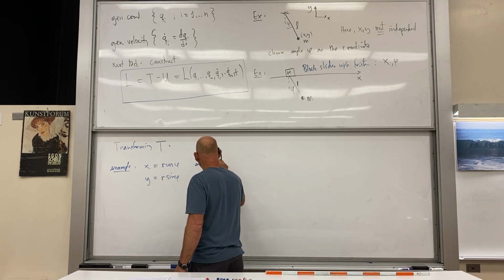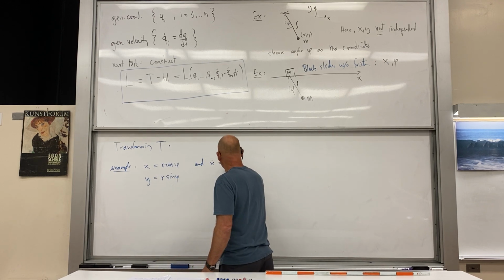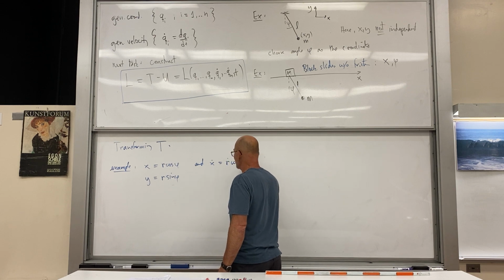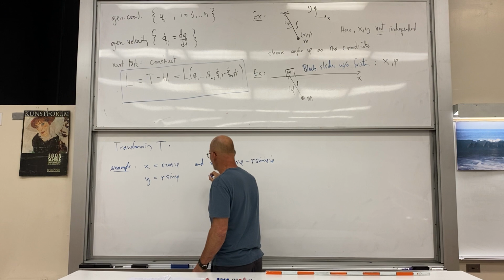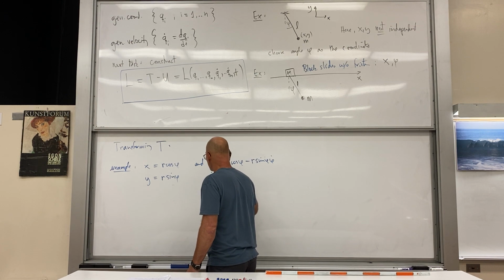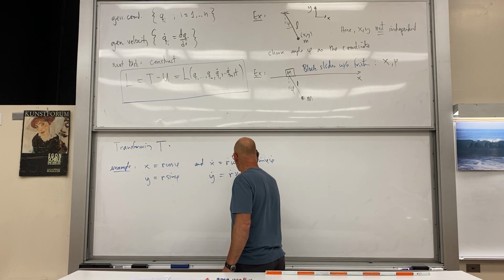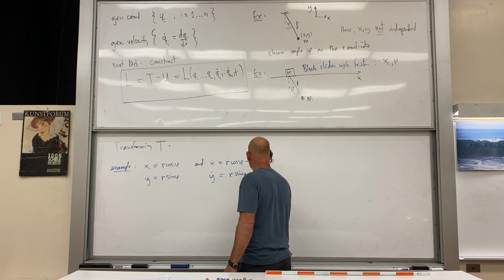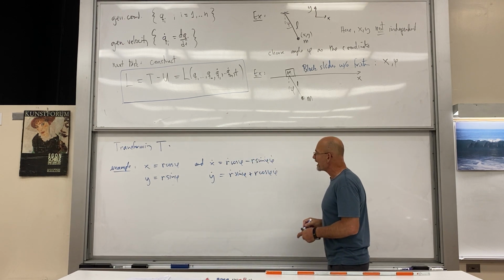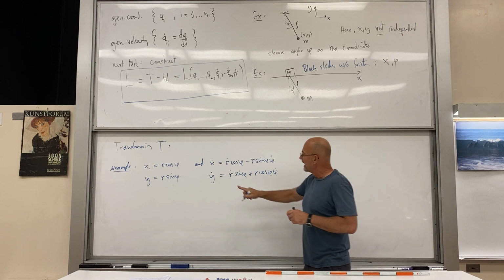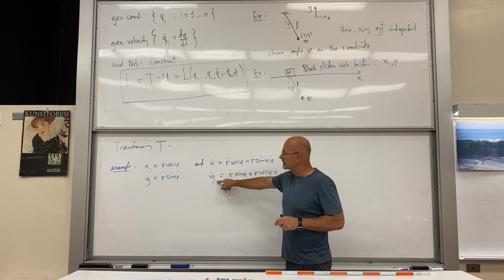And x dot was r dot cos phi minus r sin phi phi dot. Haven't done this for a while, right? y dot was r dot sin phi plus r cos phi phi dot. And what happened when we constructed x dot squared plus y dot squared?